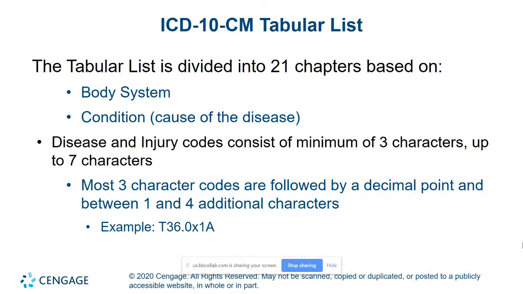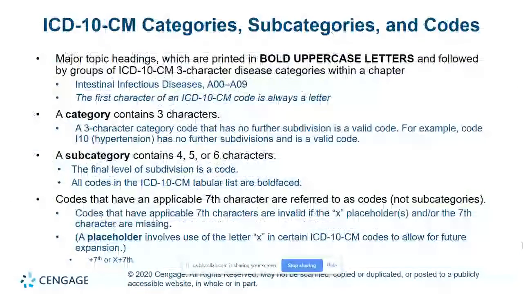The tabular, again, is where you're going to find your actual codes, where you're going to look up the specifics of each. Codes can be anywhere between 3 and 7 characters within the ICD-10-CM code guidelines. It just depends on the specifics of that area whether it is going to be a full code or not. I'll come back to that one.